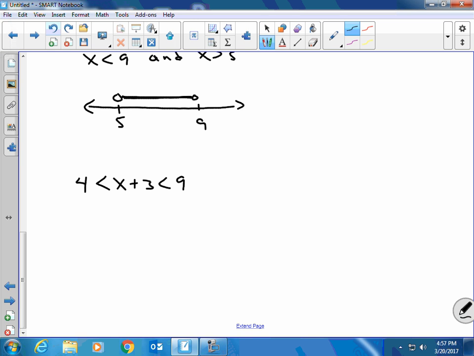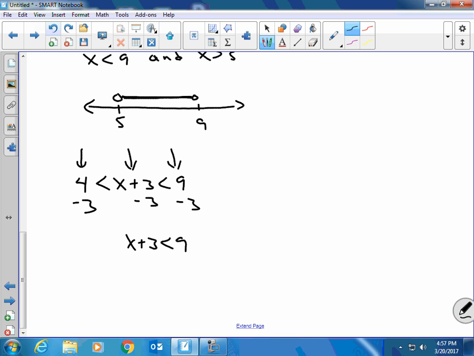My first step is to get rid of the 3 in both statements. So I'll do the minus 3 at the same time for both statements. So I'm going to subtract 3 from all three sides. Remember what we're solving.